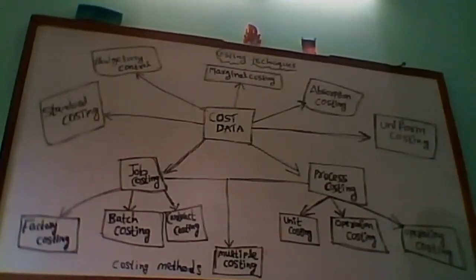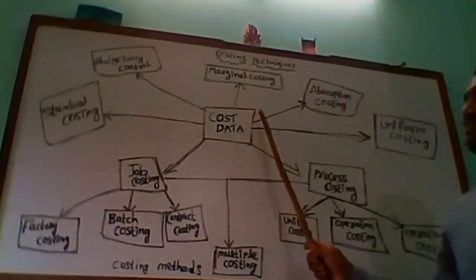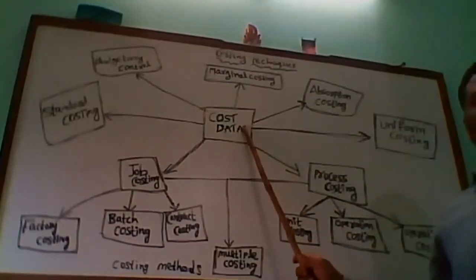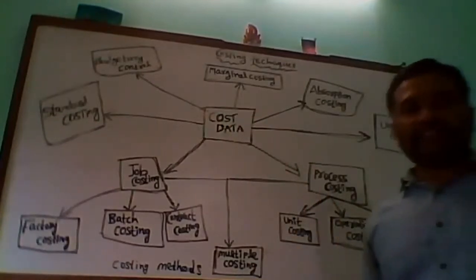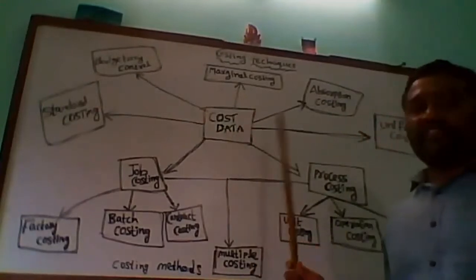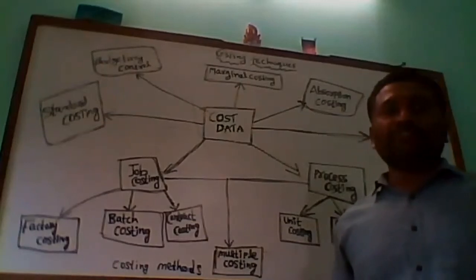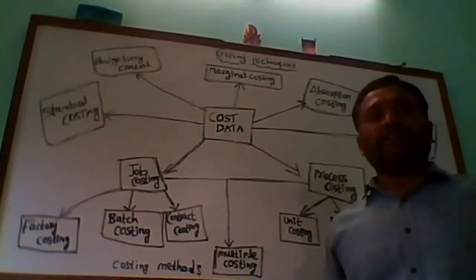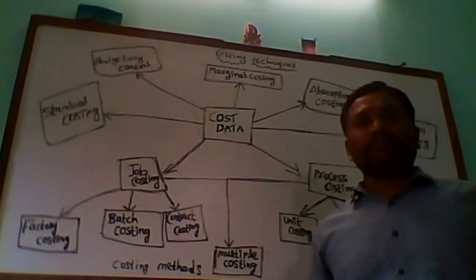Once again, listen here: with the help of cost information, the different classifications of cost, which we get from the factory where they produce the products, according to the nature of the firms and industries, they use different principles of cost accounting as well as costing methods to record the information.